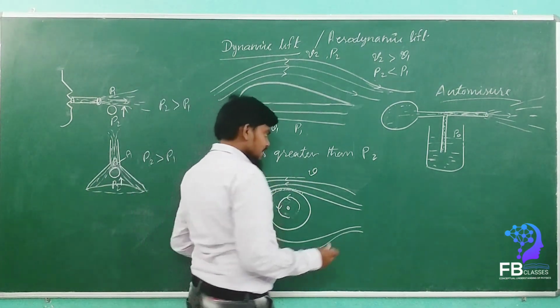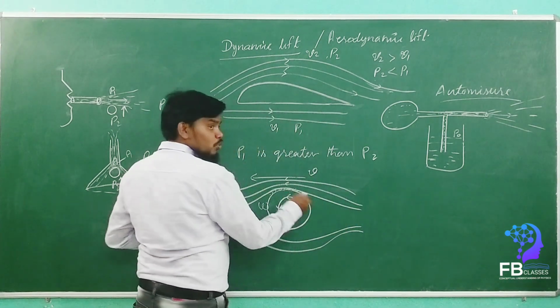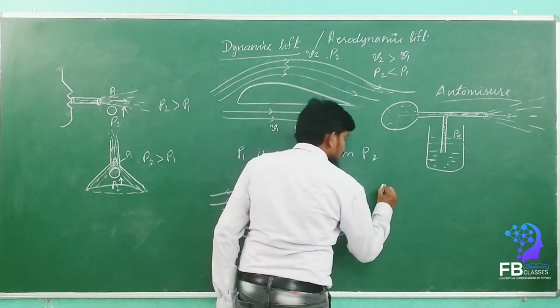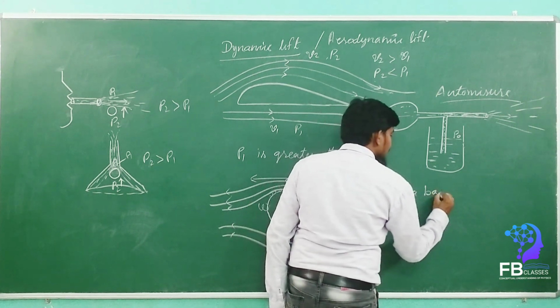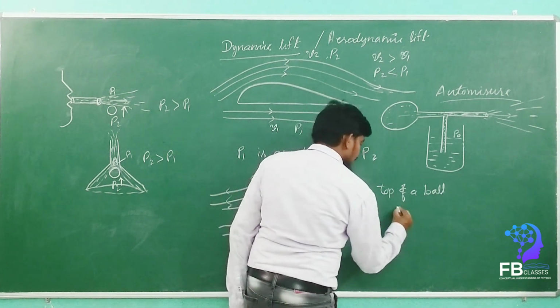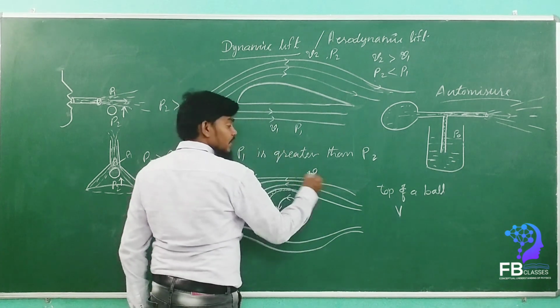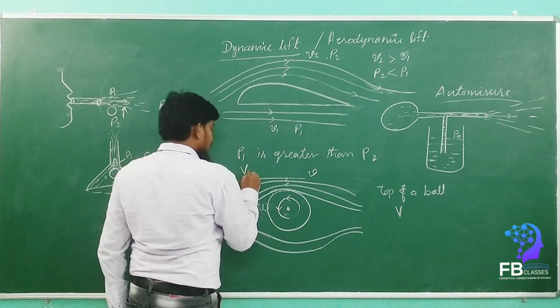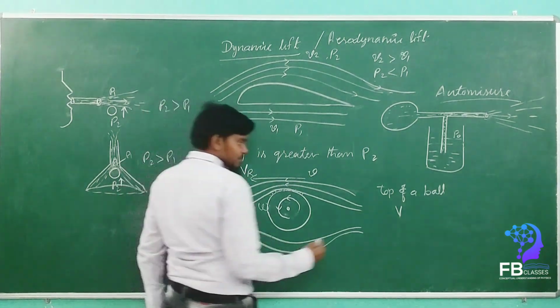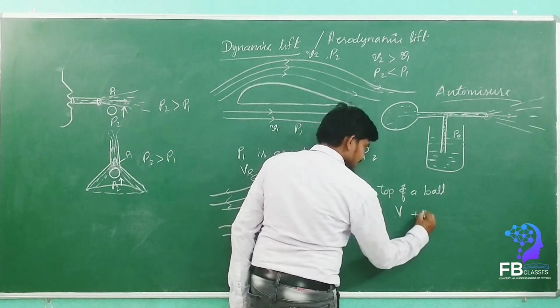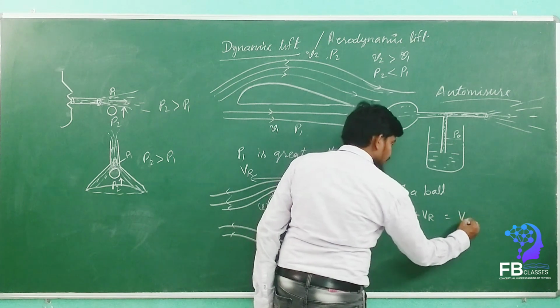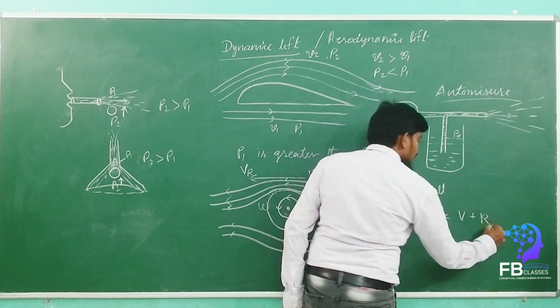See here on the uppermost part, the top of the ball, what will happen? The tangential velocity and the rotational velocity are both in the same direction. That means v plus vr is equal to v plus r omega.